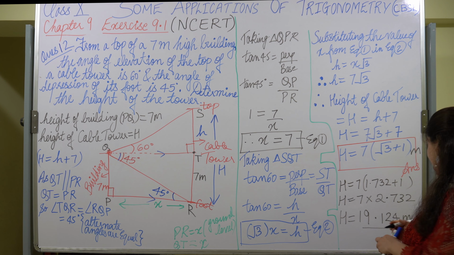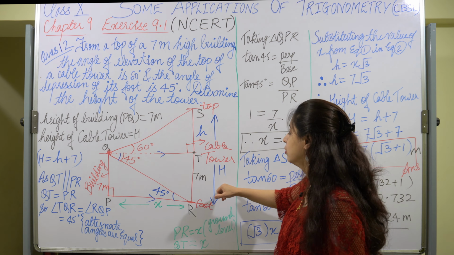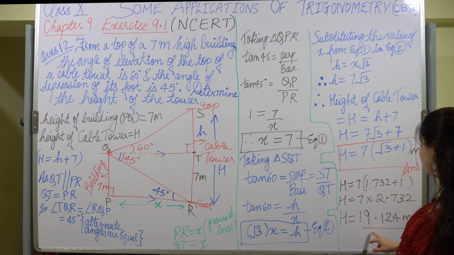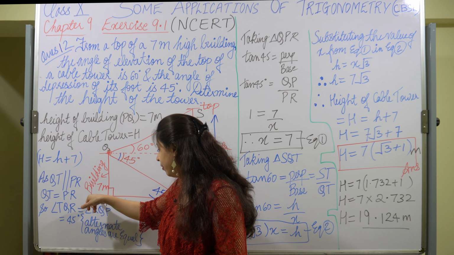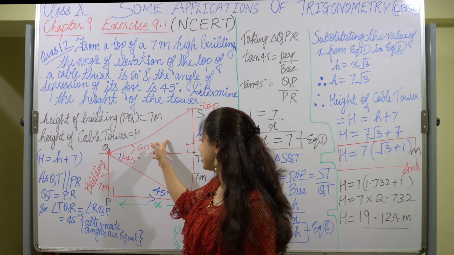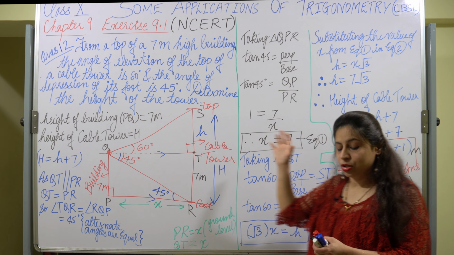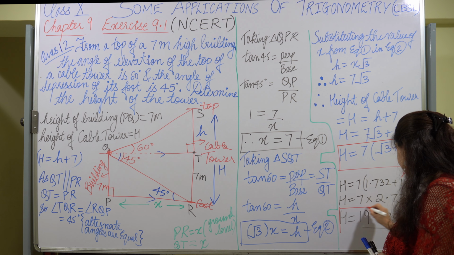Okay, so this is my answer. So numerically, the height of the cable tower is 19.124 meters, or you can say 19.12 meters, and the height of the building is 7 meters. So when viewed from the building, the angle of elevation was 60 degrees and the angle of depression was 45 degrees. Okay, so this is all about the question. So this is my numerical answer.